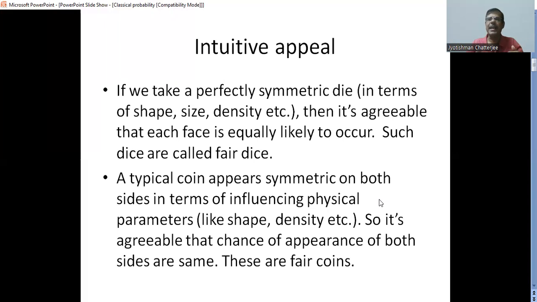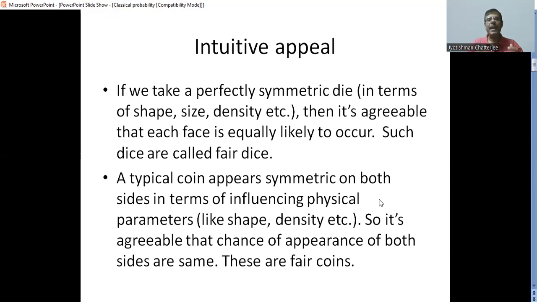Then it's quite agreeable that each of the 6 sides will be equally likely, isn't it? Although, say, you may say that it's a little ambiguous term, but even without getting into that, it's intuitively quite clear that each side of such a symmetric die will be equally likely to occur. And that's where the intuitive appeal comes here.